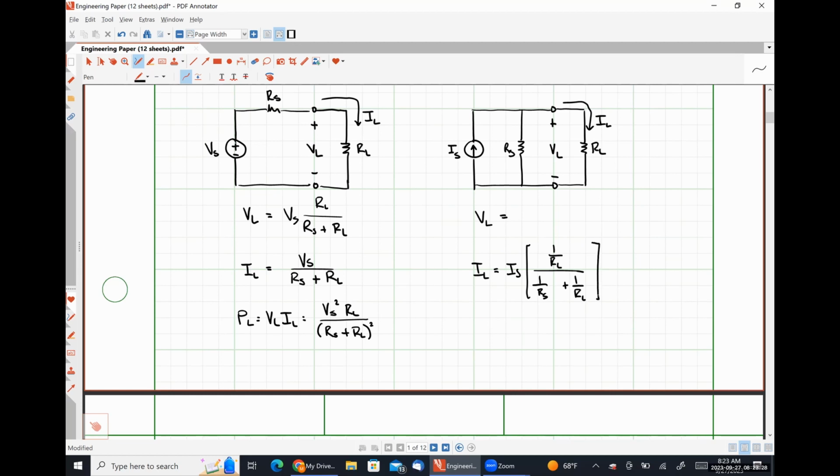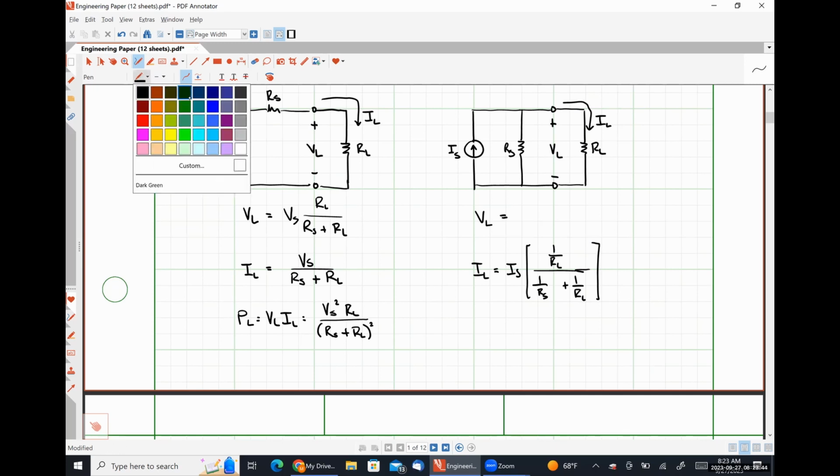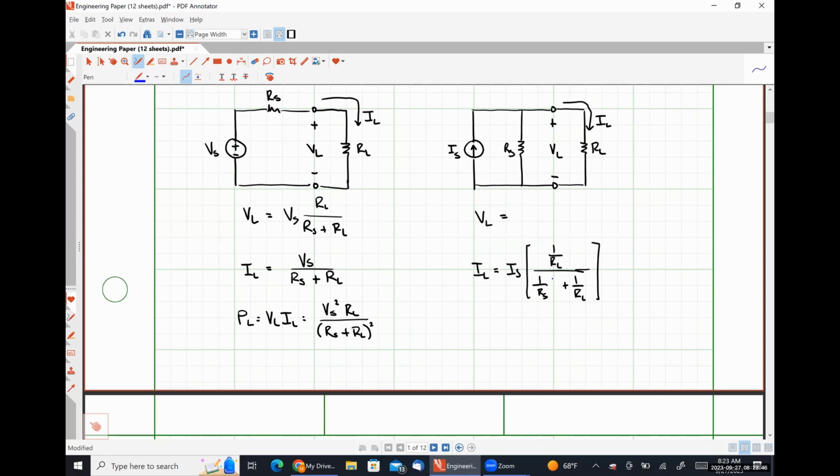And I'm giving myself some space here because it's going to be hard for me to figure out from my IL relationships what conditions make these things equal. So I'm going to play around with this a little bit. What I mean specifically is I'm going to multiply this 1 over RS by a factor of RL over RL, and I'm going to multiply this 1 over RL by a factor of RS over RS.